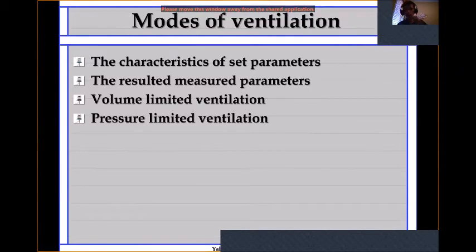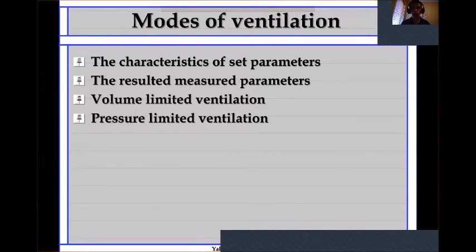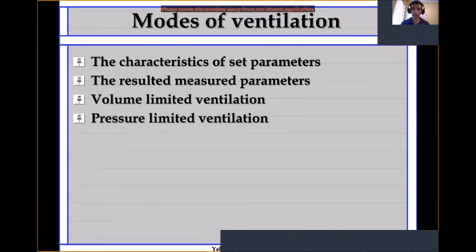Now we'll talk about modes of ventilation. The mode is determined by the characteristics of the set parameters that we talked about. And when we set our parameters and select a mode, we expect some measured parameters. The modes can be volume limited and can be pressure limited.